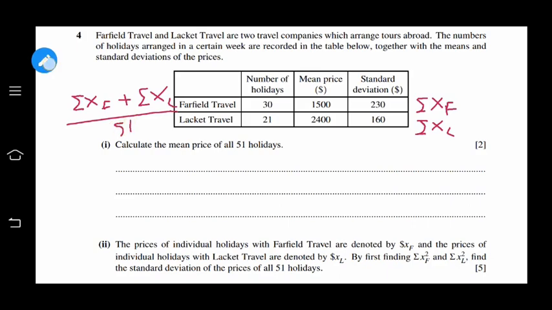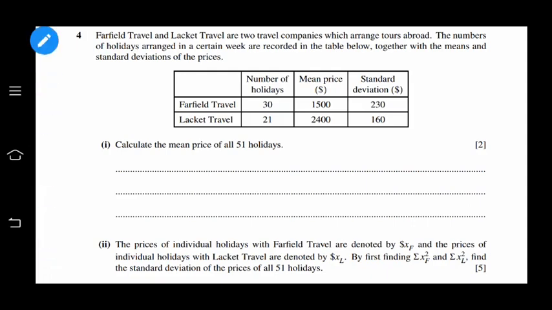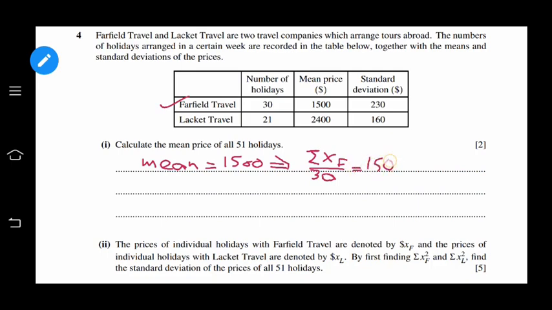Okay, so the first task is to find sigma x. Let's take this one. The mean price is given as 1,500. It implies sigma xF by 30 is 1,500, or we get sigma xF as, what will be sigma xF?